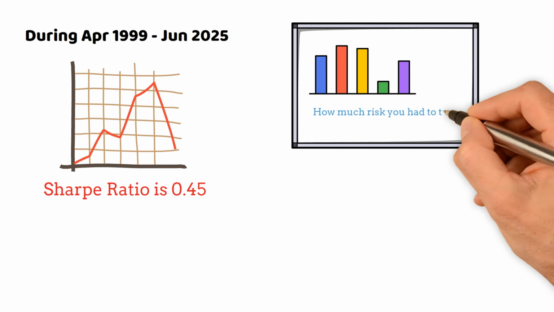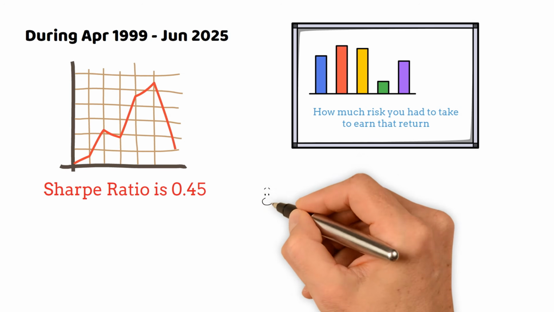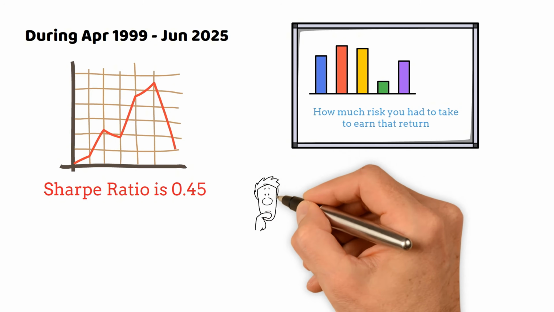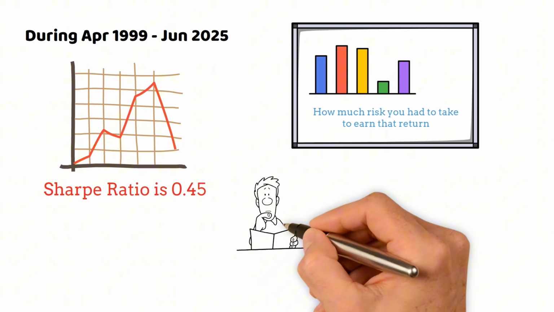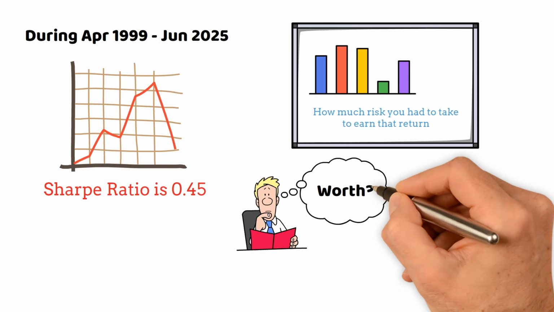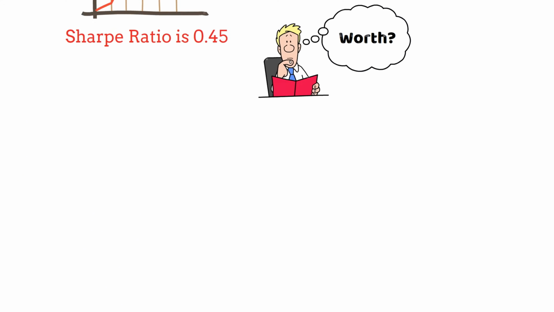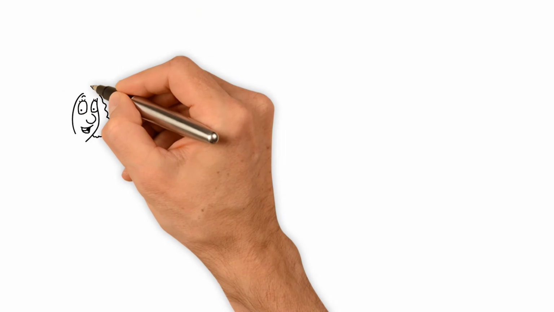So, the Sharpe ratio doesn't tell you how much you earned in total, it tells you how much risk you had to take to earn that return. Many investors overlook this part and only focus on performance, without considering the cost behind those gains. The Sharpe ratio helps you evaluate both return and risk together, allowing you to judge whether an ETF is truly worth holding for the long term.